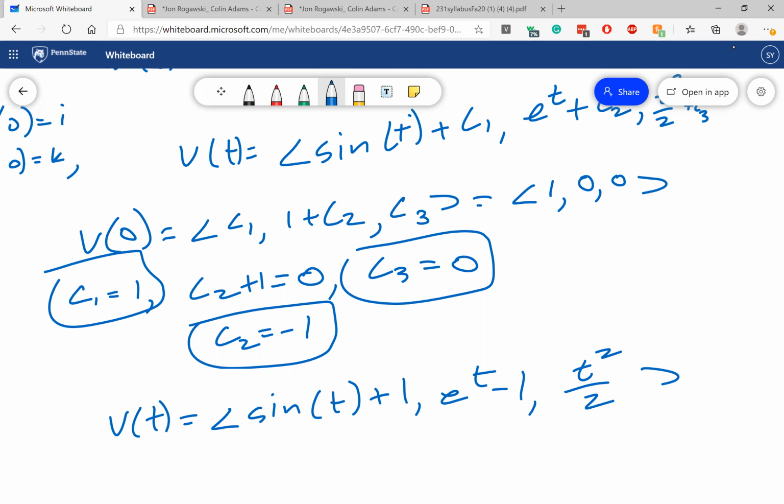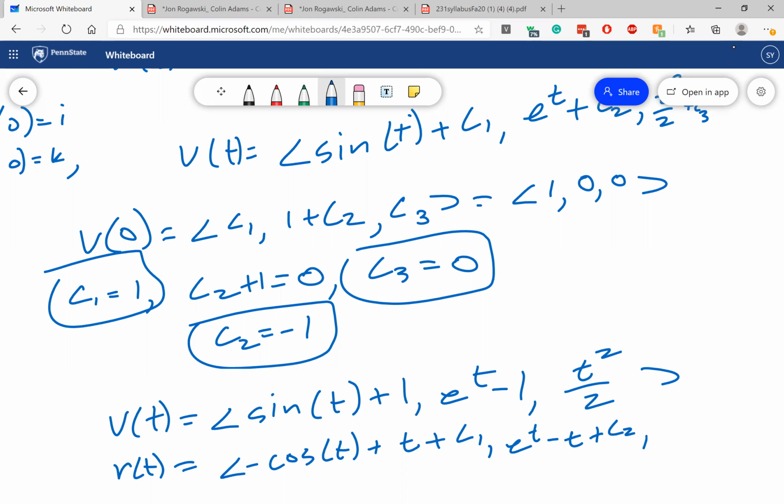So now our position, r of t, is going to be the antiderivative of this, so that's going to be equal to negative cosine of t plus t plus c1. And then this is going to give us e to the t minus t plus c2.